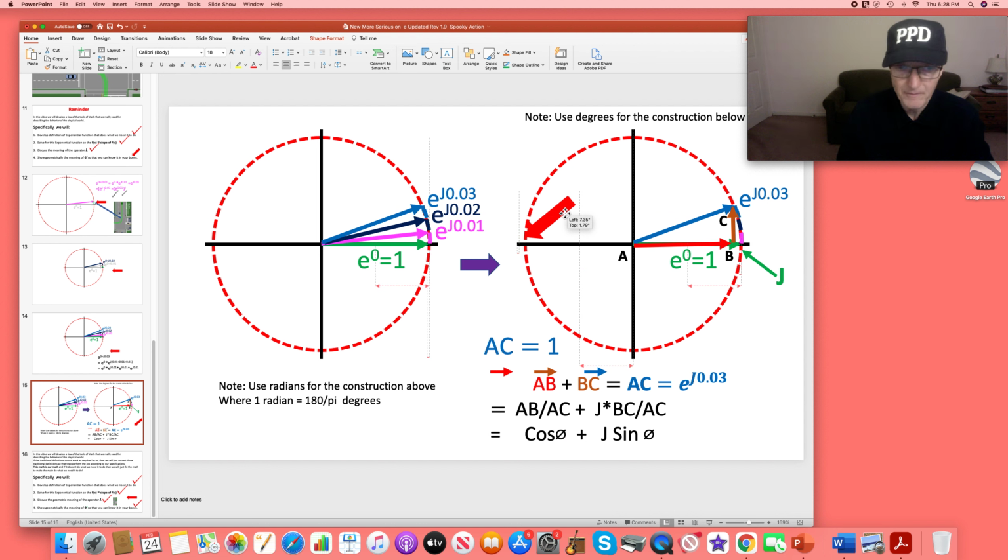So now we can take this here, and if you look at this top blue line, the net result, that's for e to the j 0.03. It's a picture of it right there, okay? And then we label that length AC.